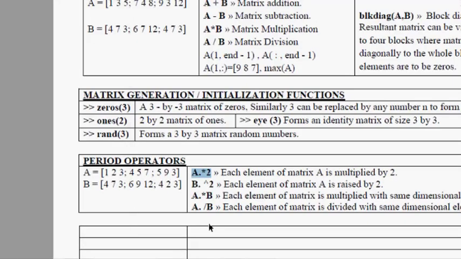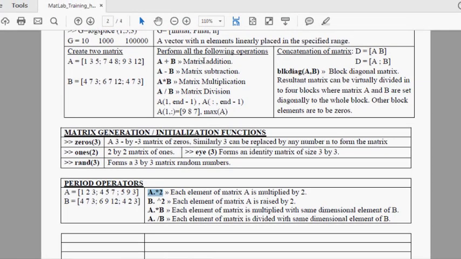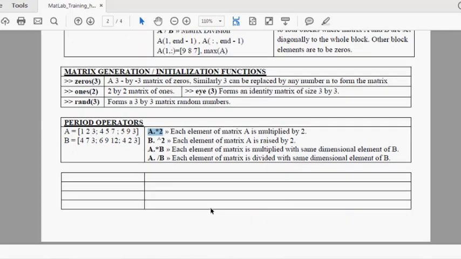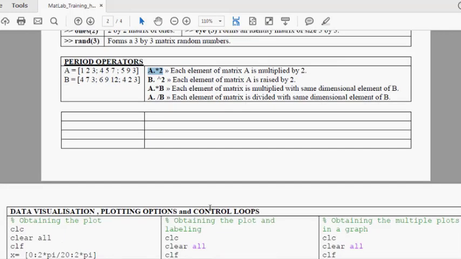So you may require this kind of operation at different stages in your calculations. So this and this are different. This operator, the period operator, does element by element, whereas this is applicable for the whole matrix. In some cases you may have matrix operations same as element by element operation, but not in all cases. Remember that.